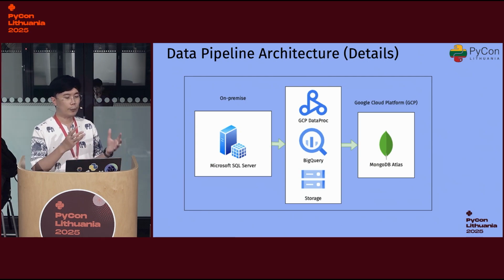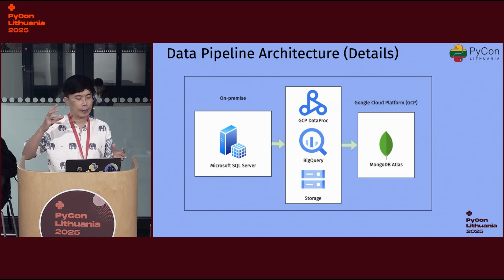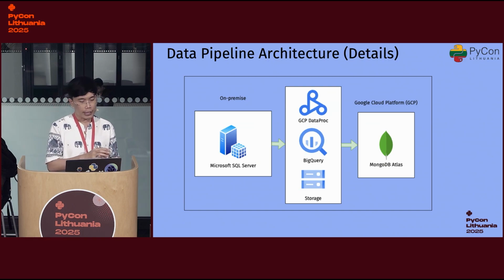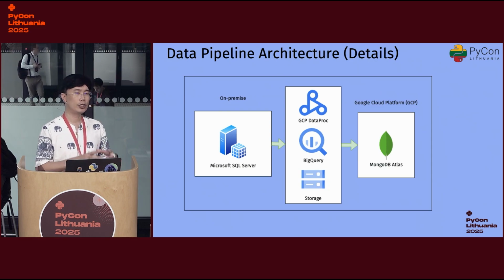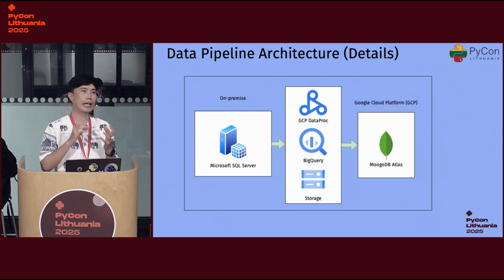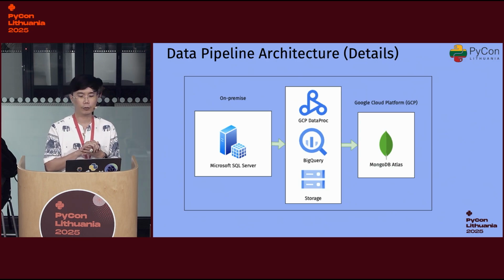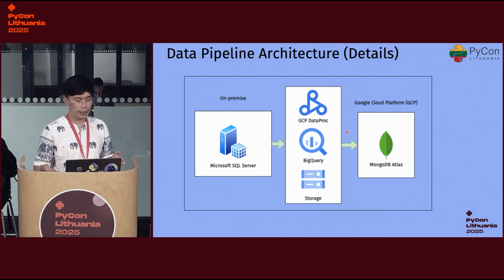So I picked GCP Dataproc, which has PySpark inside, and they provide a lot of offline data, maybe Excel data. They have big table data that we try to merge into the third party here.